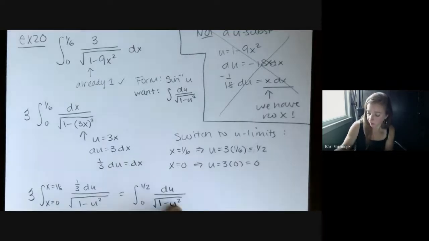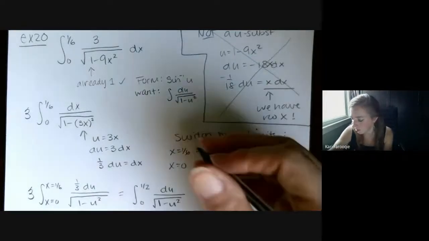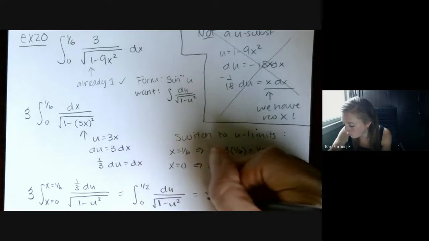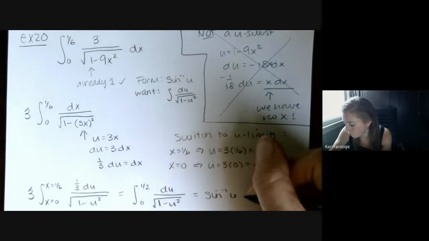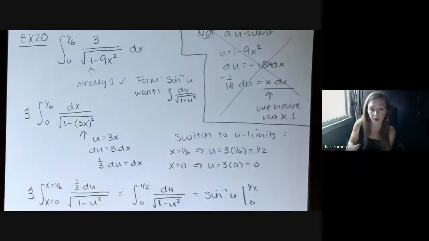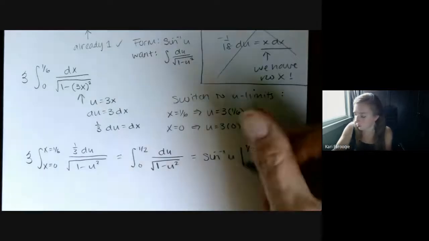And now this is exactly where I want it to be, because I know that if I take the derivative of the inverse sine of u, I get du over the square root of 1 minus u squared. So I can integrate this and say that we have the inverse sine of u, going from 0 to 1/2, and I don't have to back substitute because I already have these limits written in terms of u.